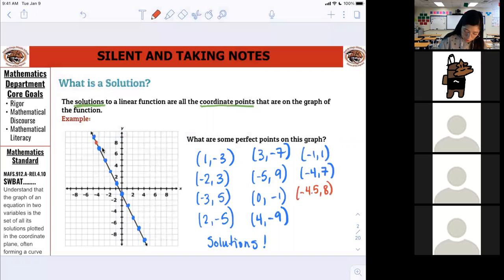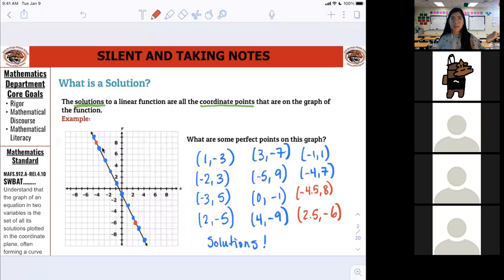And we're not going to list all of them, but can anyone give me one more example of an imperfect point that's still on the line? 2.5, -6. Yeah, right there. So I'm going to stop there because in reality, there's perfect points, there's imperfect points.